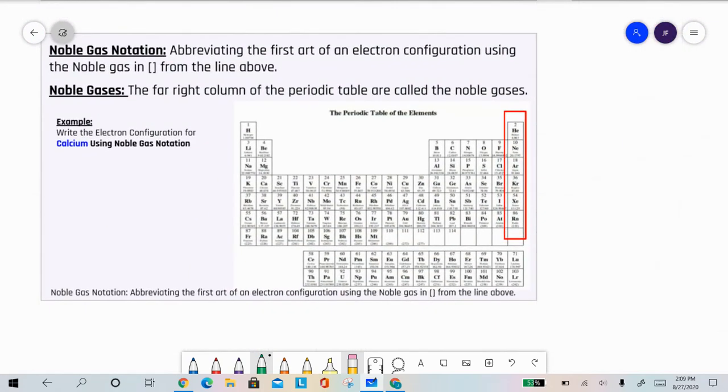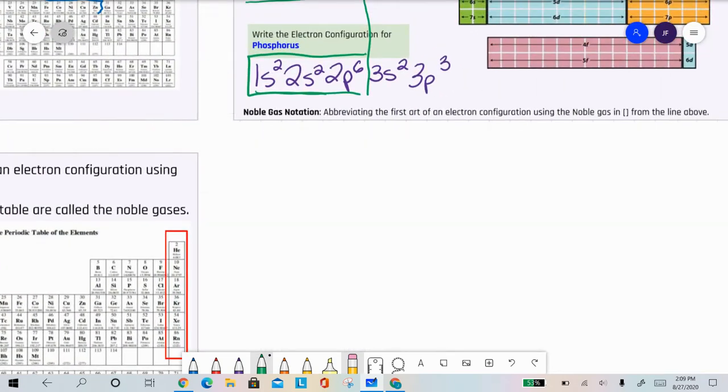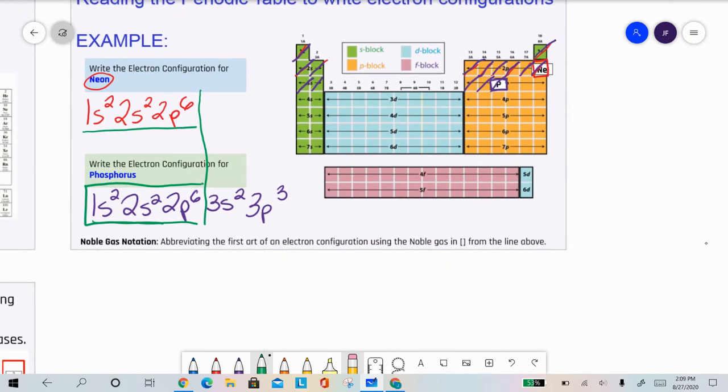Instead of writing out 1s2, 2s2, 2p6, I'm going to say neon has all that same electron configuration, and the only difference is 3s2, 3p3.